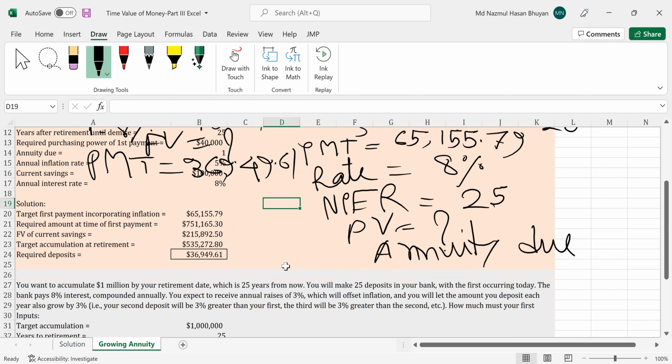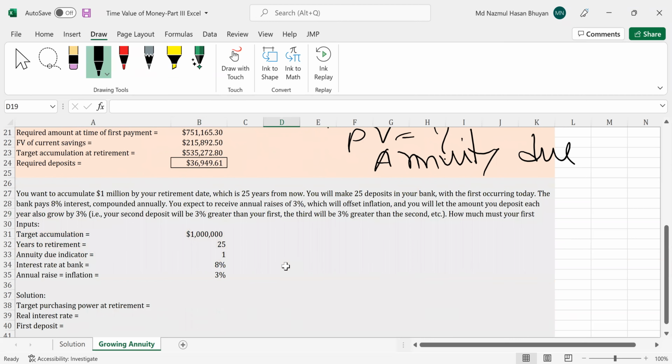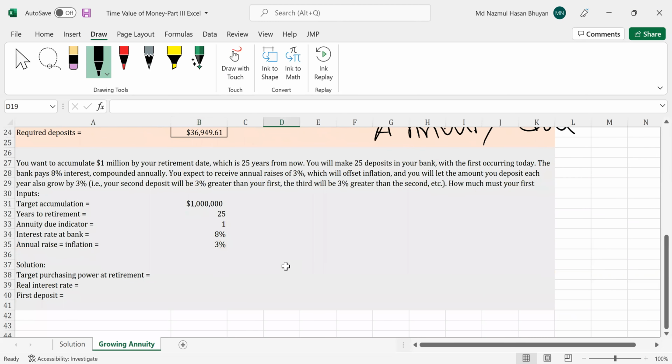Let's move now to the next problem. In the next problem, you want to accumulate $1 million by your retirement date, which is 25 years from now. And then you are going to make 25 deposits in your bank with the first occurring today. That means it is an annuity due formula.